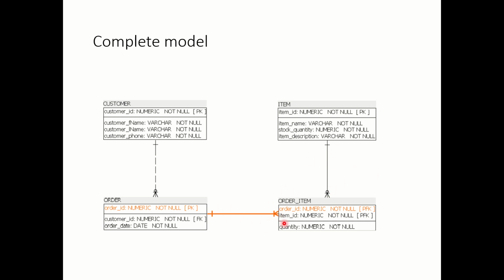Solid lines indicate an identifying relationship. That means I have added the order ID and the item ID in this order item, and both of them are primary keys of this particular table. So this is the primary foreign key of this table. So this is an identifying relationship, and this is a non-identifying relationship, right?